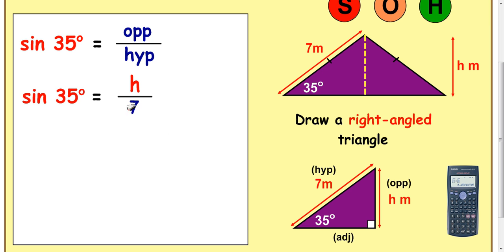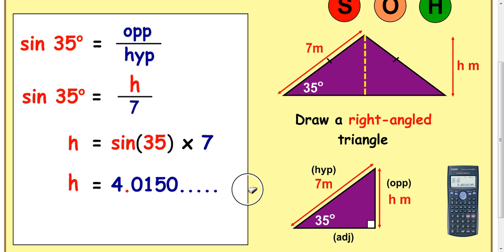And then just multiply sine 35 by 7. Make sure you put the 35 in brackets to stop the calculator multiplying 35 by 7 first and then doing the sine of that. Type that in correctly, make sure you're in degrees mode, and you'll get an answer like this, which is just 4 meters. So this triangle is 4 meters high.